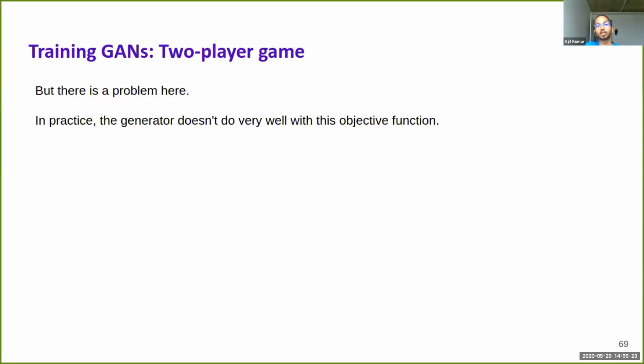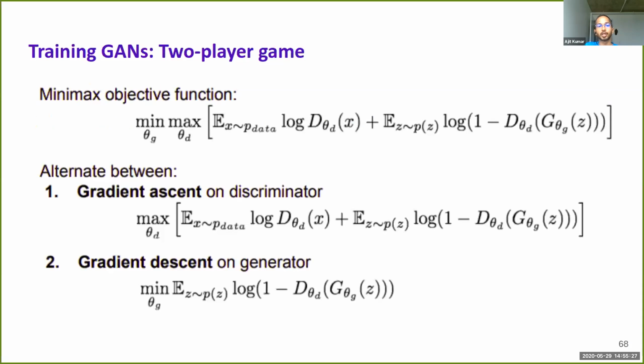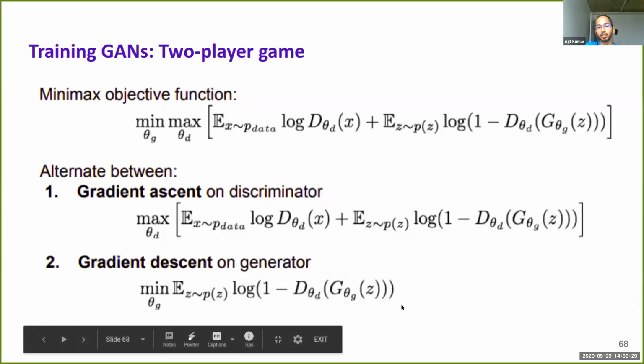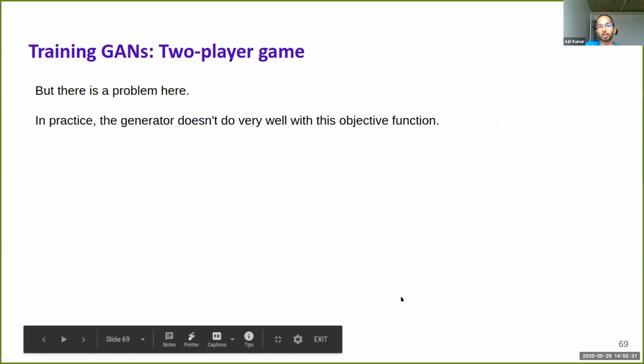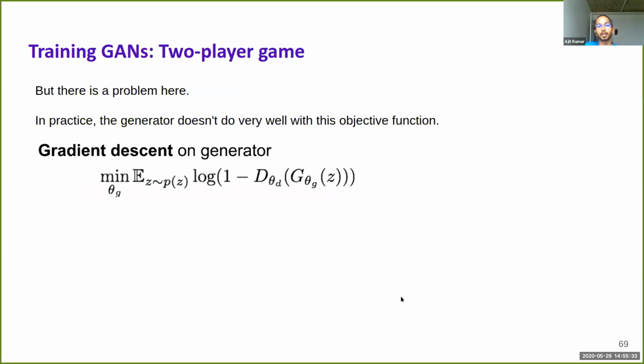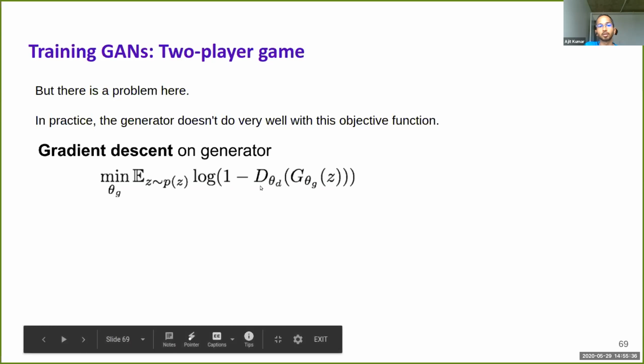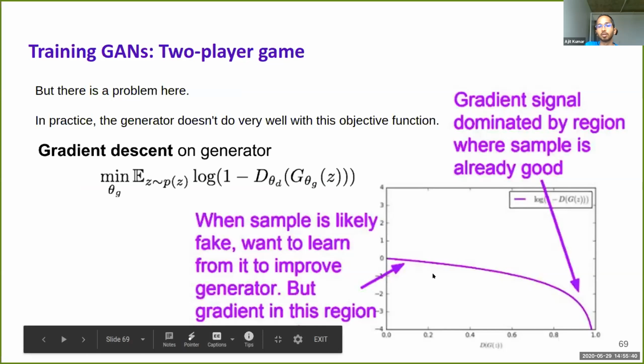But there is actually a problem with this equation. In practice, the generator objective does not do very well. And why does it not do very well? Because if we look at the plot for this equation, it looks like this.